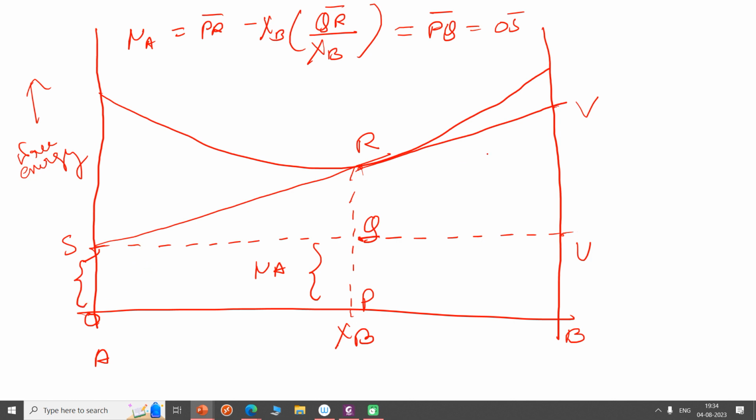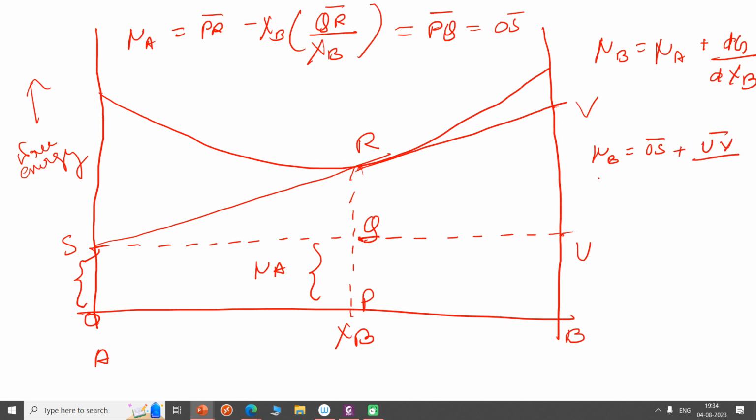So if you just see the equation, μB is equal to μA plus dG by dχB. So this is one of the equations in the book. That gives me μB is equal to the OS line plus this μB line, right?